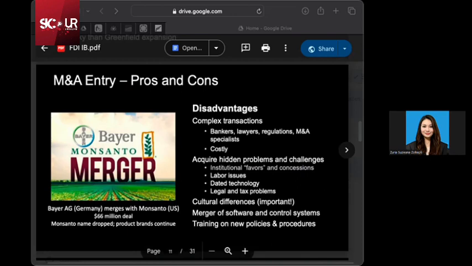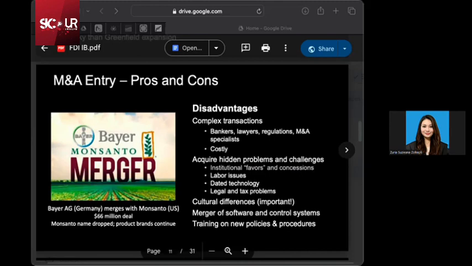Merger of software and control systems, and you have to provide the new employees with training, new policies and procedures. Let's say the company no longer has the same mission or vision.